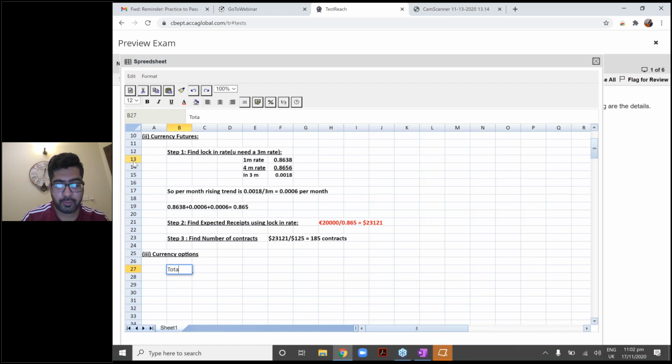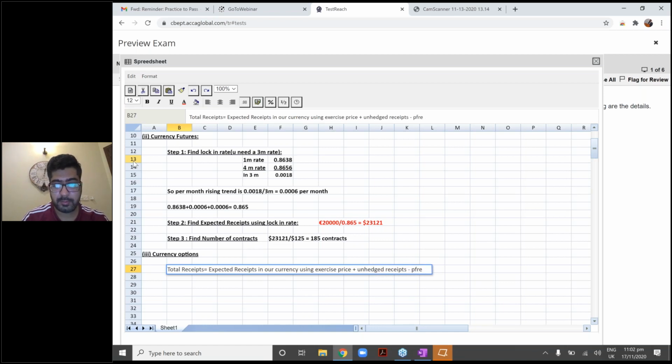So you know the formula for total receipts: expected receipts in our currency using exercise price plus unhedged receipts minus premium paid.